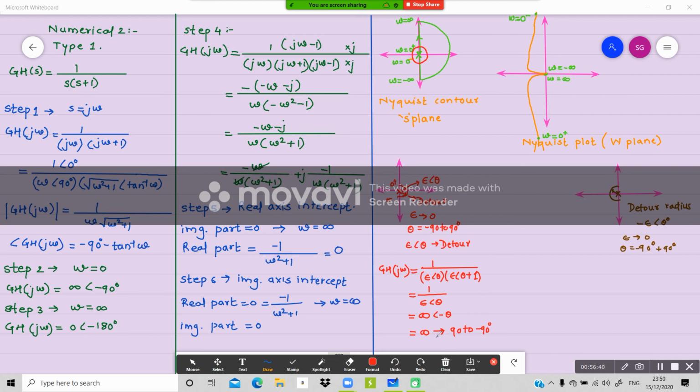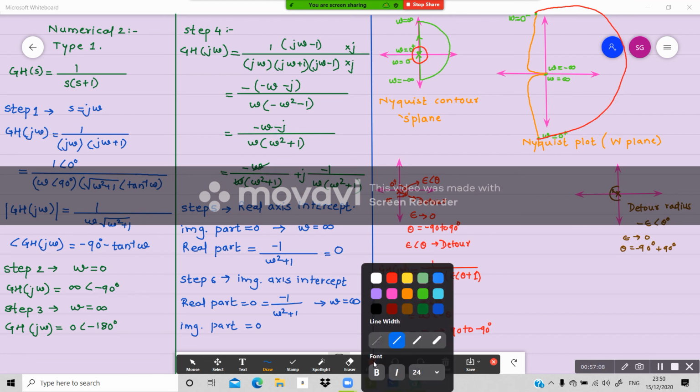Now what this is telling you, when you are at 0 minus over here till 0 plus here, the thing will be completed with infinite radius, correct, and from plus 90 to minus 90. So this whole thing will be your Nyquist plot now, right?